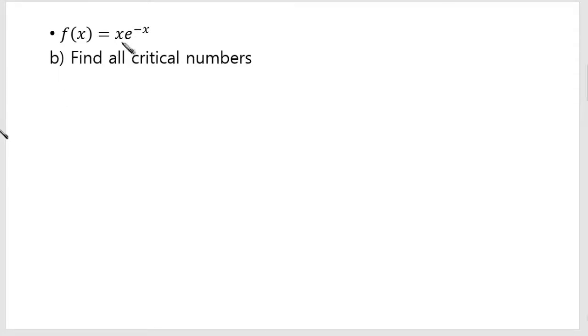Now, thankfully, in our case, there's no limitation to plugging in anything into x, nor e to the negative x. So the domain of this is all reals. Exponential functions are defined in all reals. Polynomials are defined in all reals, and therefore this function is defined for all reals.